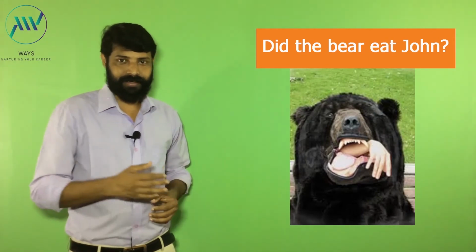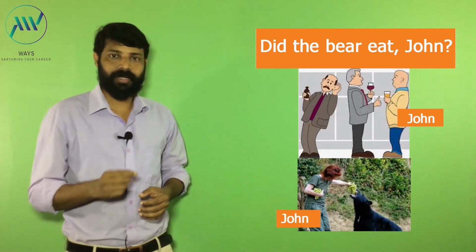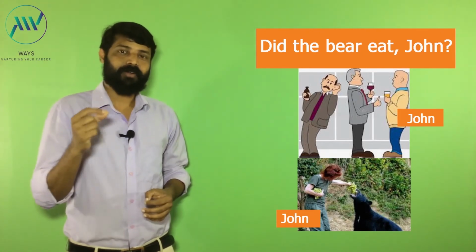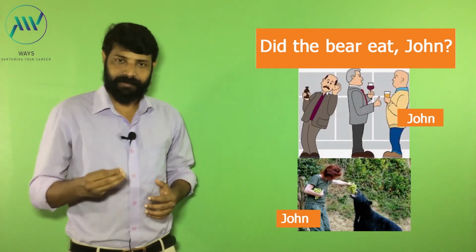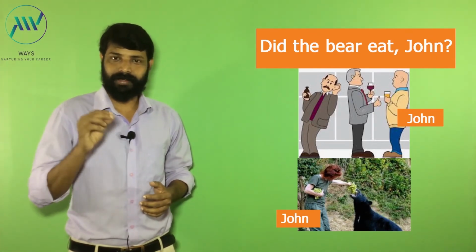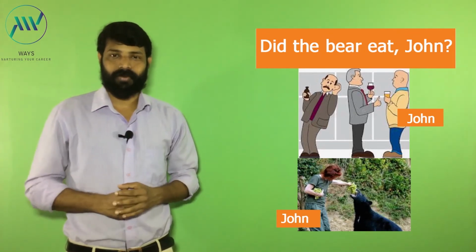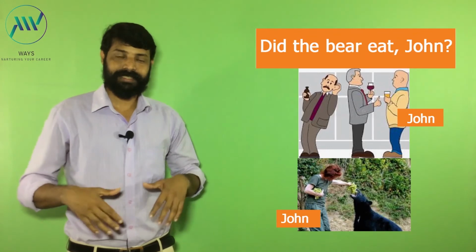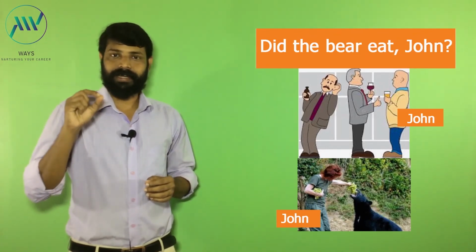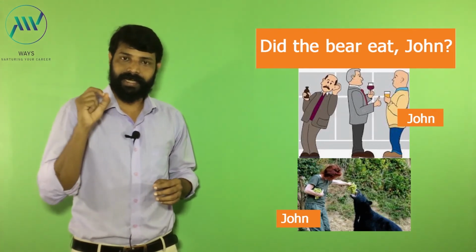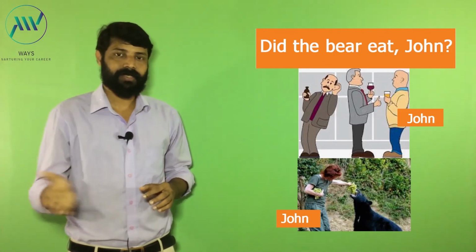Actually, when we talk about the second version, we get more clarity about it. When he spoke this sentence, he made a comma to separate John from the sentence. He said like this: did the bear eat, John? So he used a comma to separate John from the sentence. It means he is talking with John. If the listener is John, he is directly talking with John. So it means when we directly address somebody or an audience, we must use a comma to separate it from the rest of the sentence.